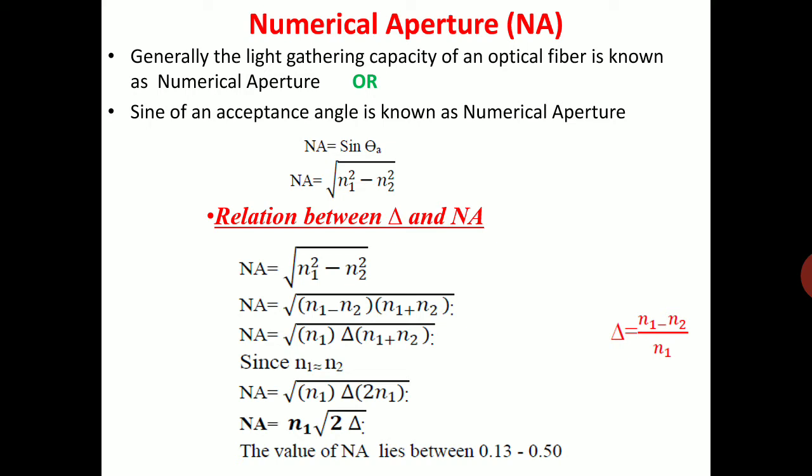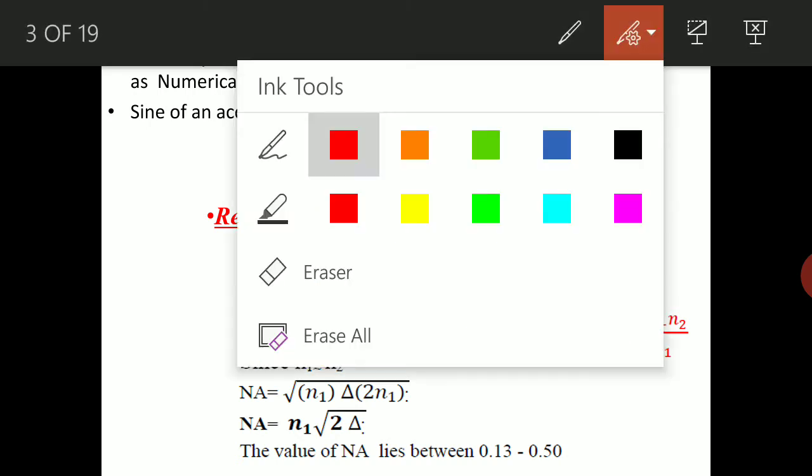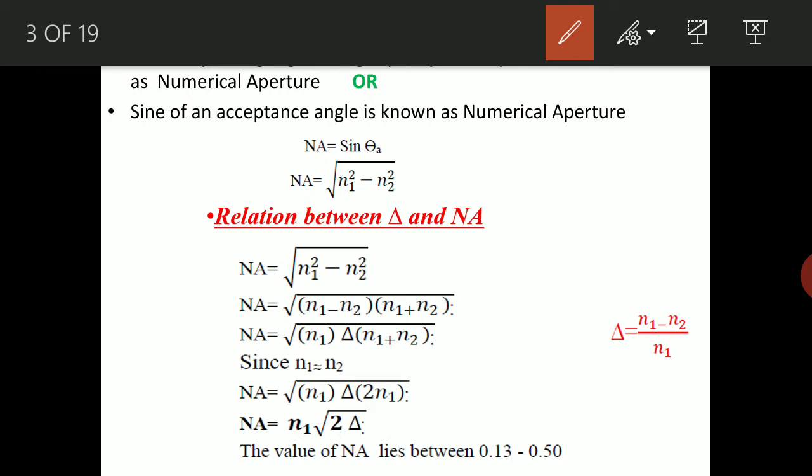But mathematically, if you want to define it, it is the sine of the acceptance angle. That is, numerical aperture is nothing but sine theta a.